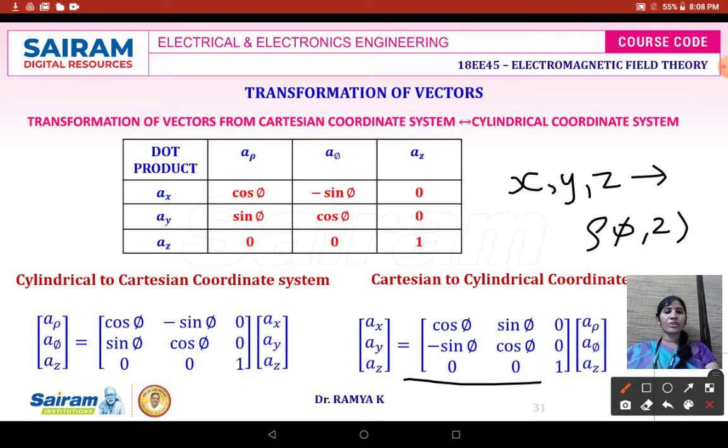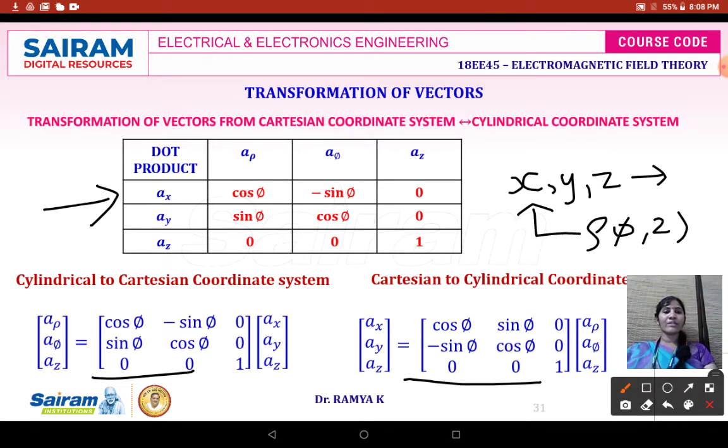In case I wanted to convert my cylindrical coordinate system to Cartesian, we need to use this formula. So using this formula, if you remember this table, it is possible for us to convert the vector transformation from one coordinate system to another in case of Cartesian and cylindrical.